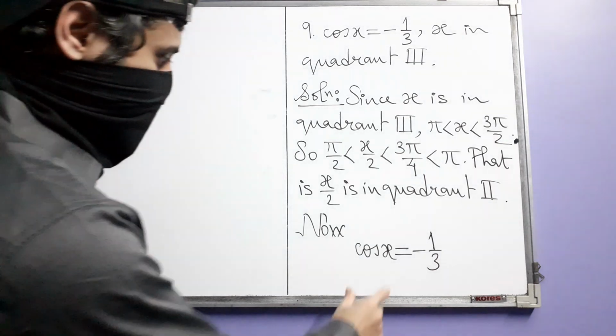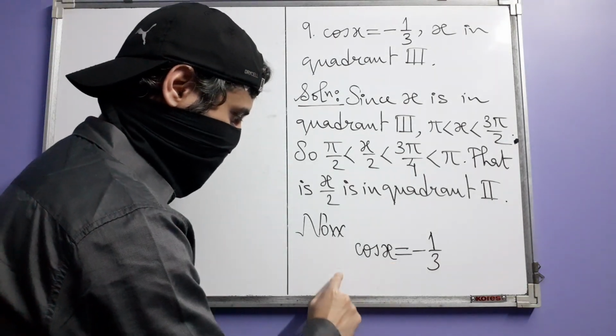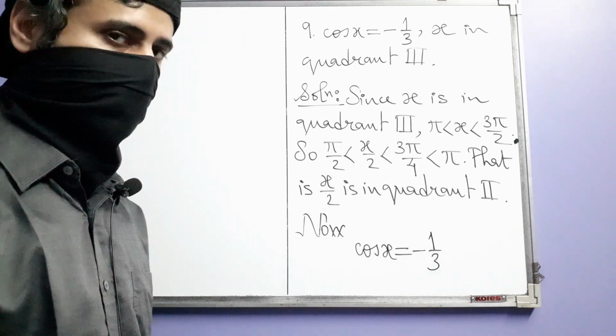That means in place of cos x we can write 2 cos square x divided by 2 minus 1, that formula.